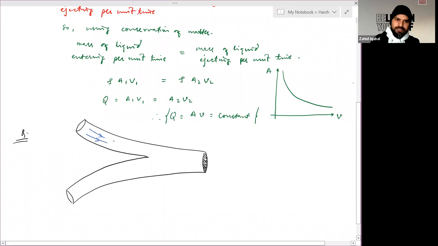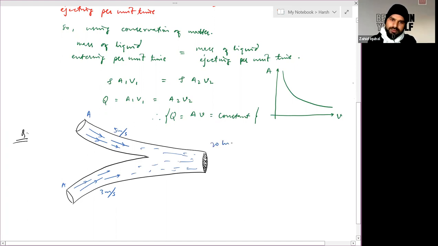If liquid in this particular arm is flowing at 5 meter per second with area of cross section A, and this arm is flowing at 3 meter per second with area of cross section A, and this particular one has 20 holes, each having area A by 5, find the velocity of ejecting liquid.